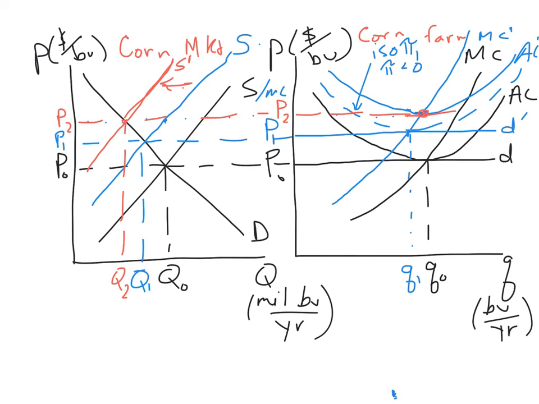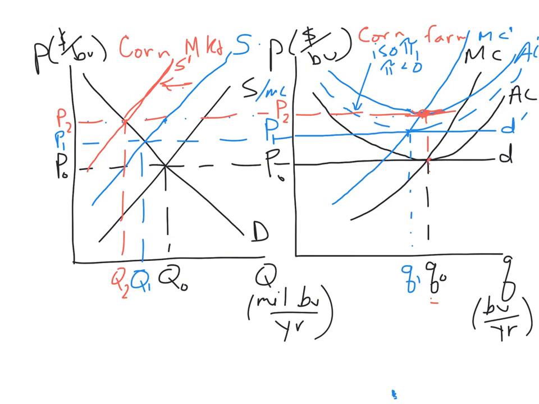They're back to the isoprofit line where profits are equal to zero. And the way I've drawn it, that occurs at the original level of output. I drew it so that the minimum of the new average cost function also coincides with the quantity where the average costs were minimized in the original case.